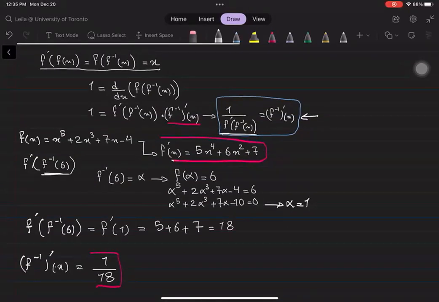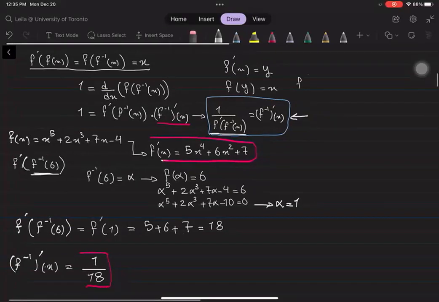Oh, that's just the way that it works, because if you think about it, you know that f prime of x equals y, then f of y is equal to x, right?